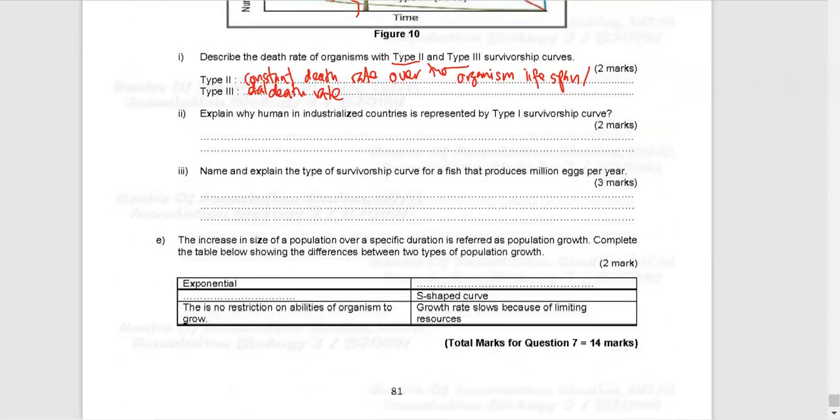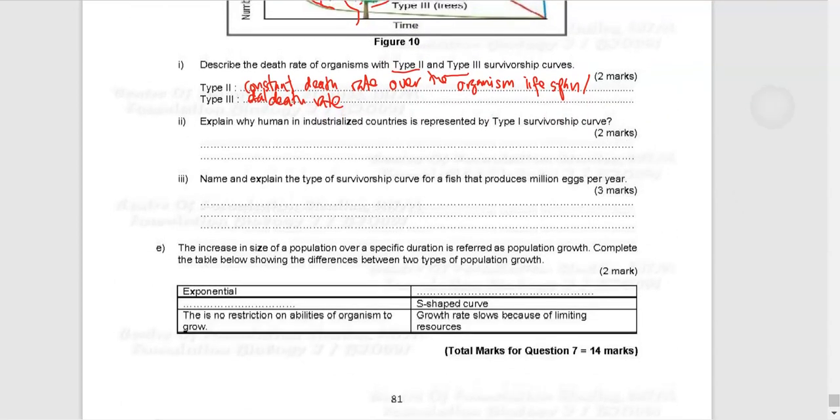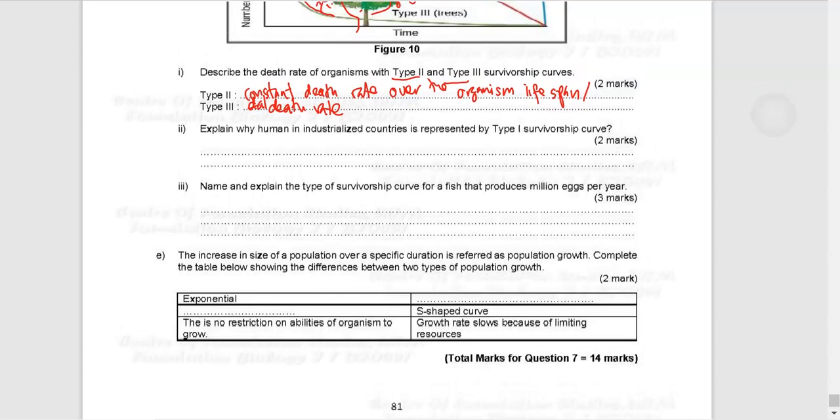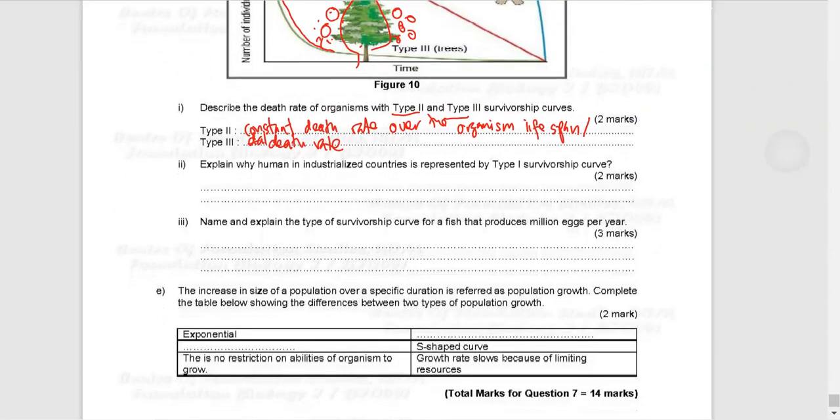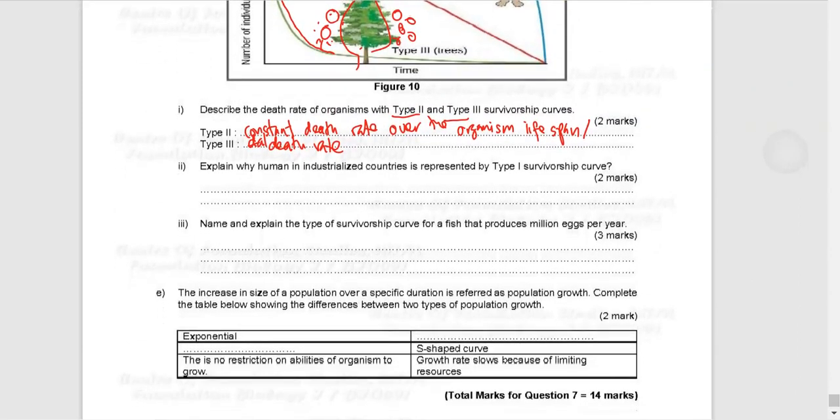Okay, so number 2, explain why human in industrialized country is represented by type 1 survivorship. Okay, so basically human in industrialized countries, kan, negara yang membangun, dia akan mengalami ataupun dia akan experience type 1.